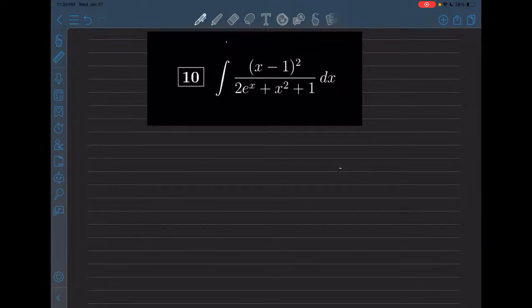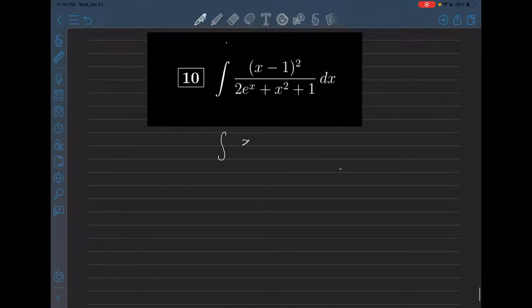Okay, yeah, I can make the numerator as x squared minus 2x plus 1, right? And then after that, what? Split the numerator and rewrite. Okay, let me write what you guys said, right? So I can write the numerator as x squared plus 1 minus 2x, right?